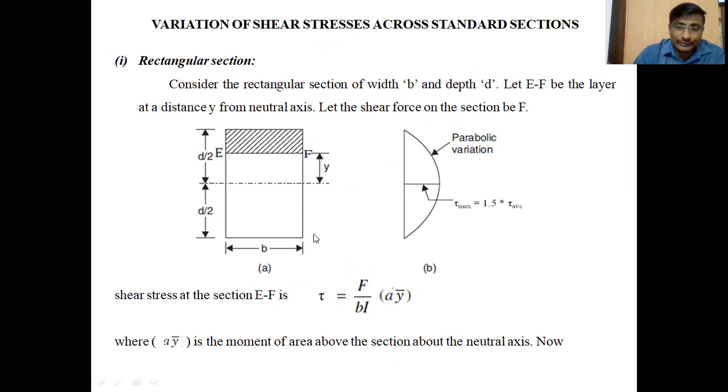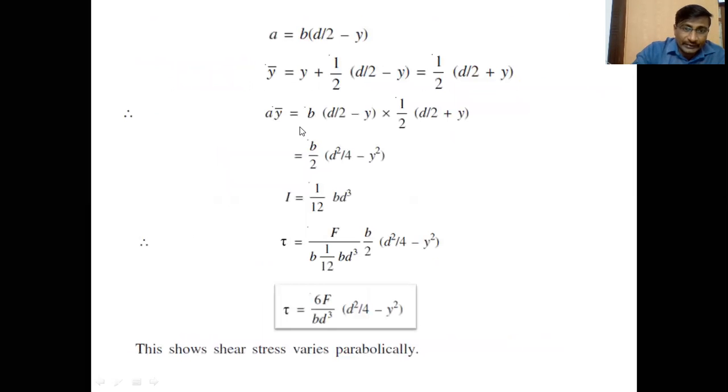Therefore, we substitute y equal to plus or minus d by 2, where plus or minus means y is considered in this direction plus, in this direction minus. So y is d by 2 means at this level, y is minus d by 2 means at this level. At these two positions, if we substitute y equal to d by 2, then d by 2 whole square is d square by 4. d square by 4 minus d square by 4 is 0.